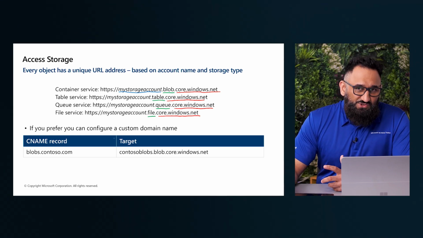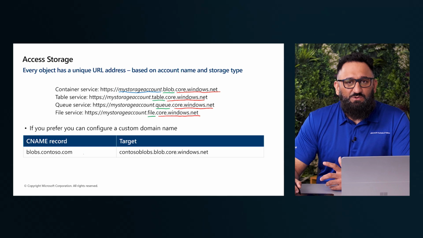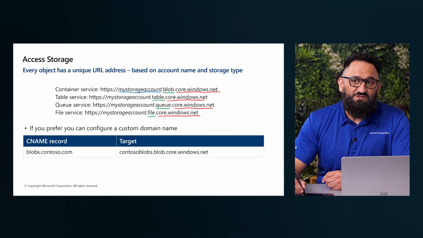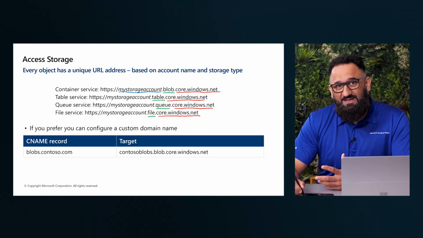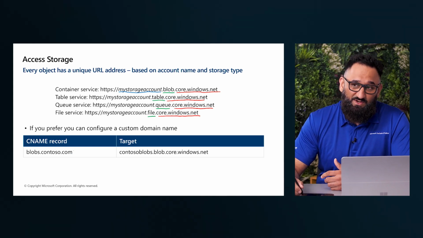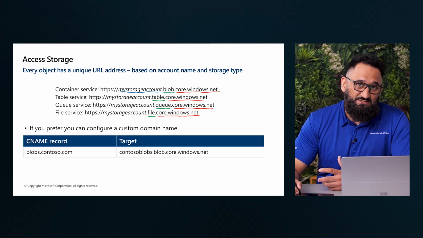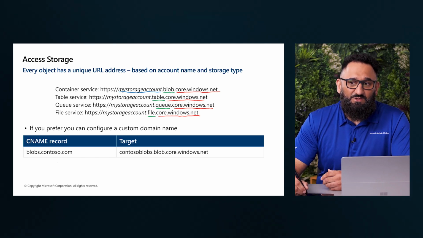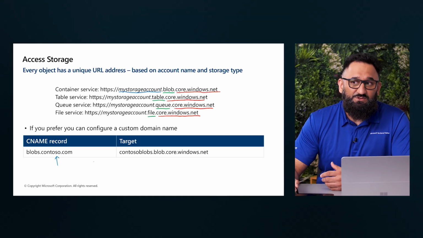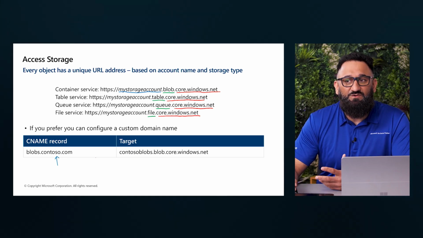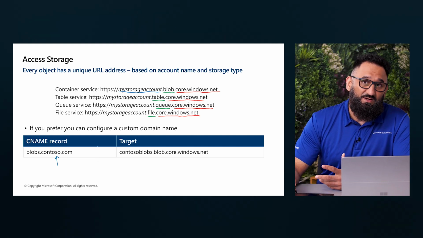Now we can choose different options to change some of these details. For instance, we spoke about DNS in one of the modules during the networking sessions. You can bring in your custom domain details here as well, and provide an access name such as blob.contoso.com instead of using blob.core.windows.net with your account name.